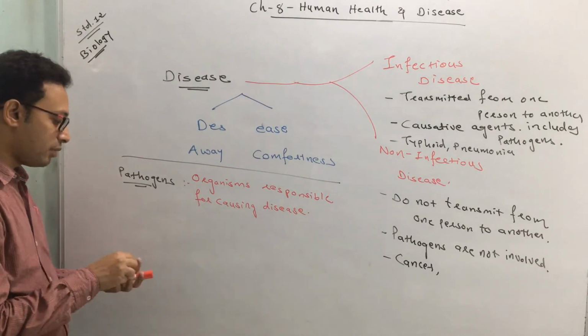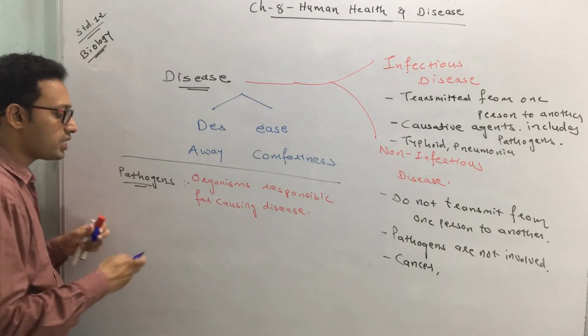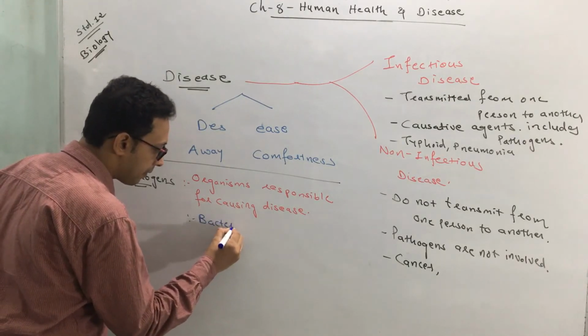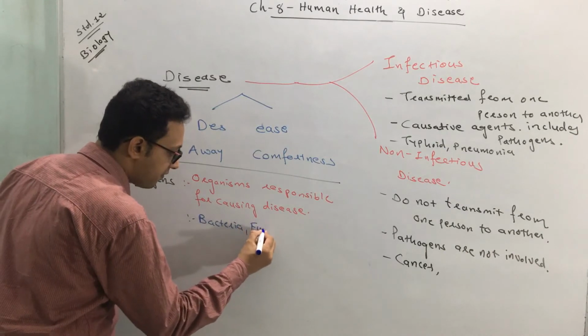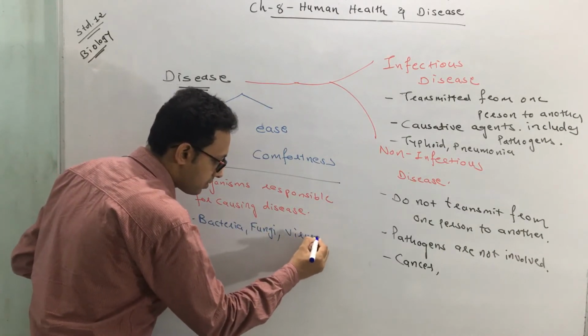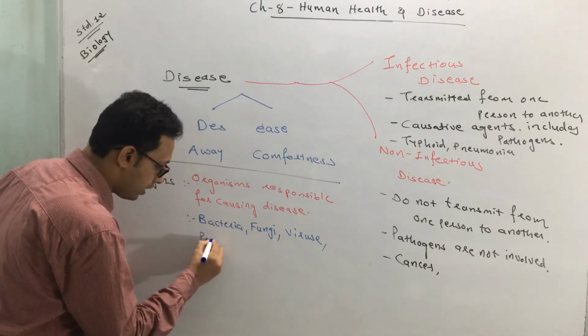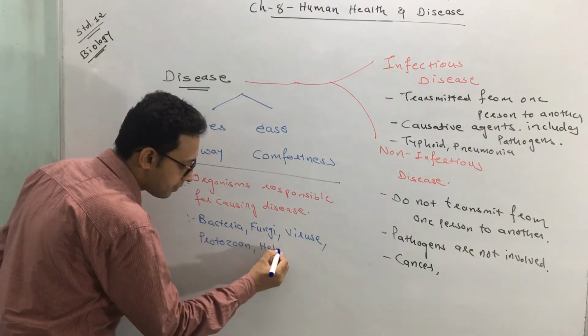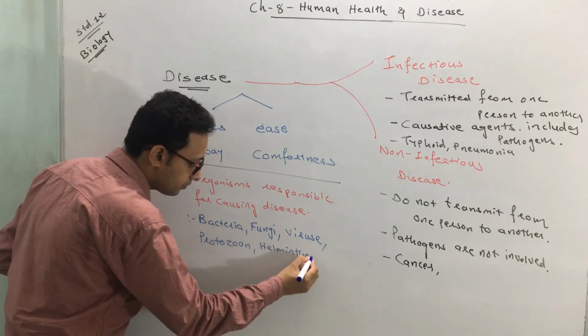So who can act as a pathogen? There are lots of organisms which can act as pathogens, like bacteria, fungi, viruses, protozoa, helminths. Clear?